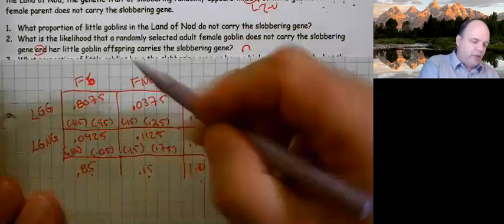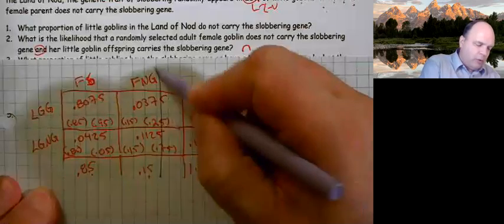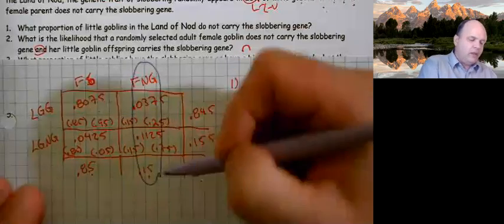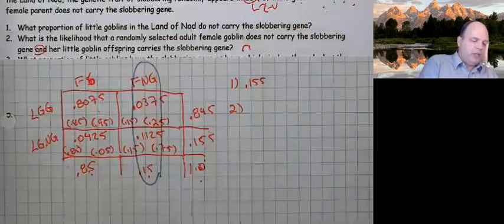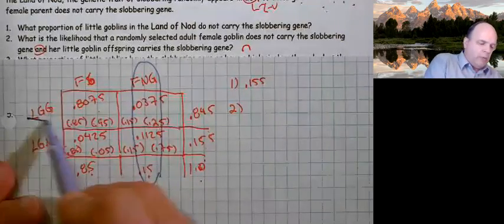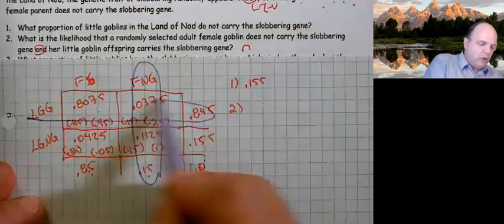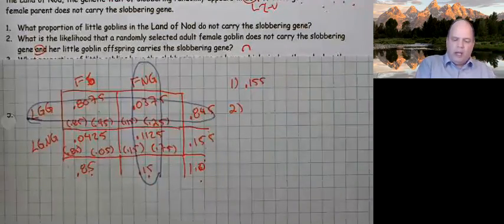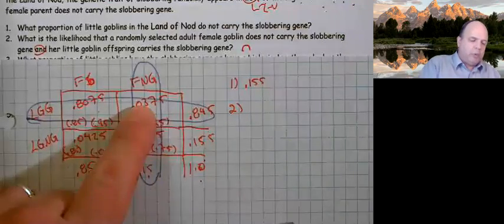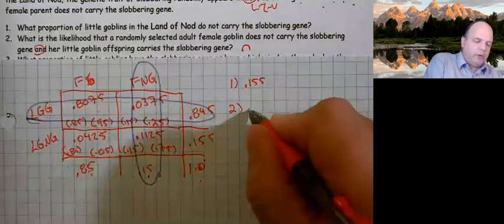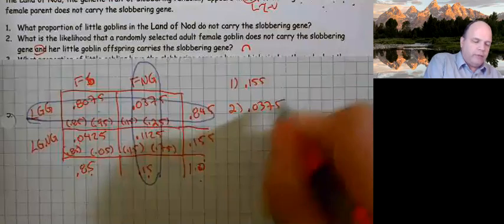So the female not gene, so this is this column. And her little goblin offspring carries the gene. So little goblin with the gene. And when I look at that, I see that I have an intersection. My cross is at 0.0375, so number two is 0.0375.